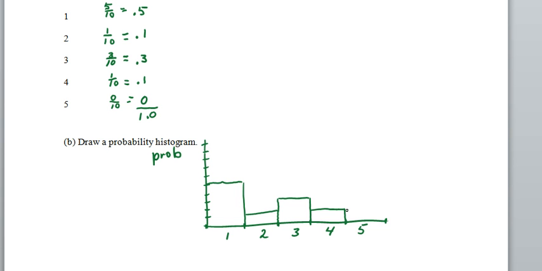So this would be the probability histogram with outcomes on the horizontal axis. Discrete outcomes here. This is different from what we've done in other places in the course.